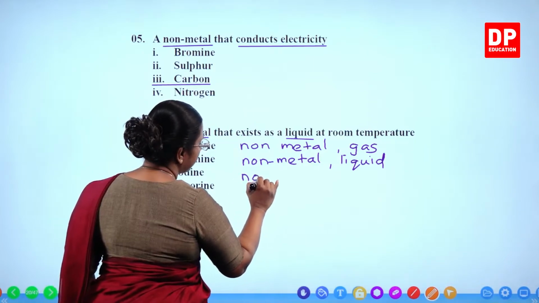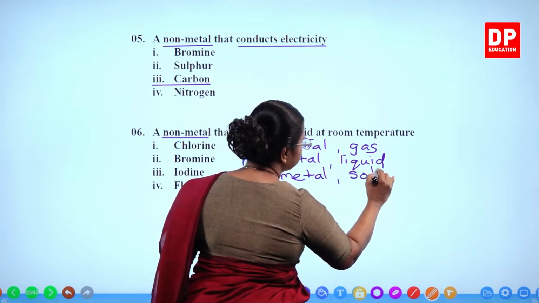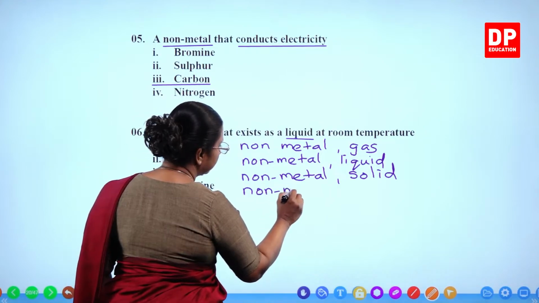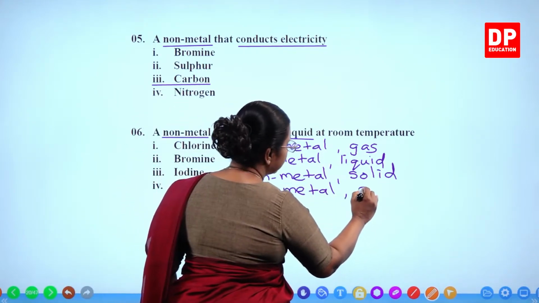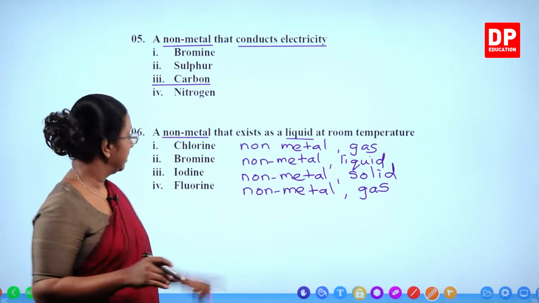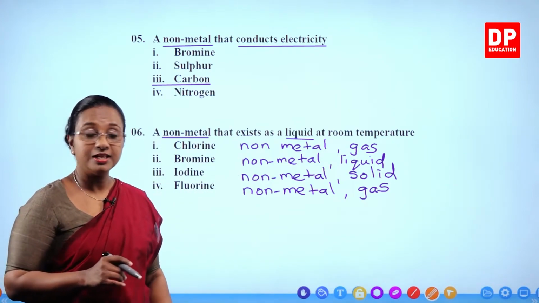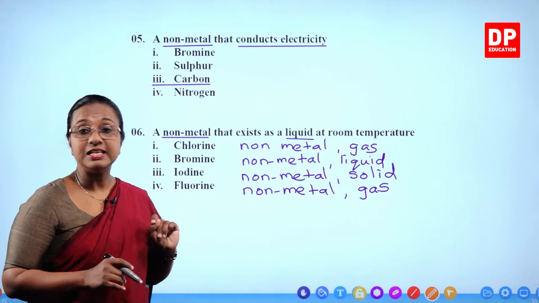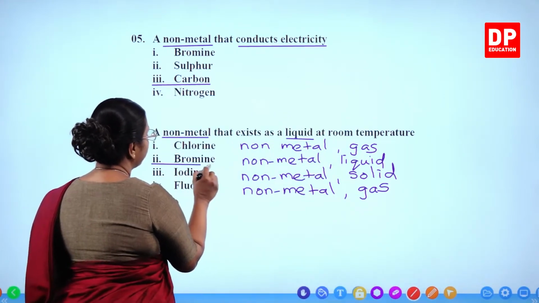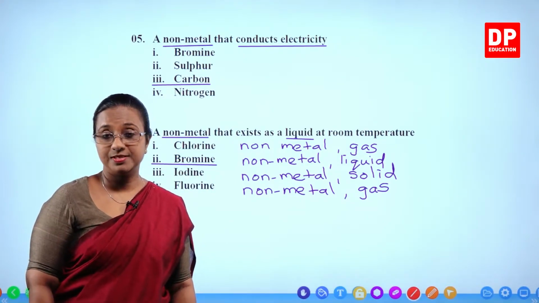That is also a non-metal, but iodine is a solid. Then fluorine, again it is a non-metal, but it is a gas. So all four of them are non-metals. Chlorine and fluorine, they are gases. Iodine is a solid. So we need a non-metal that is a liquid. That is bromine. So the answer is bromine, a non-metal that exists as a liquid at room temperature.